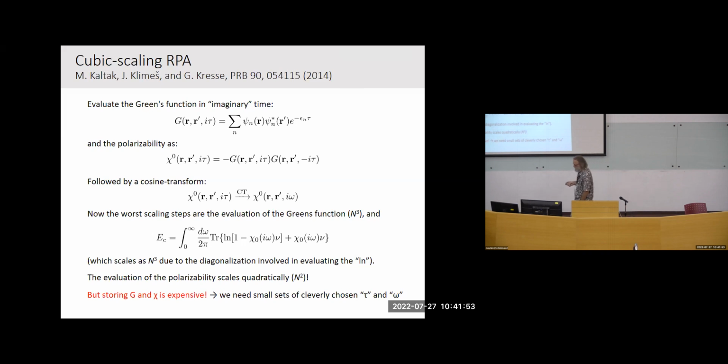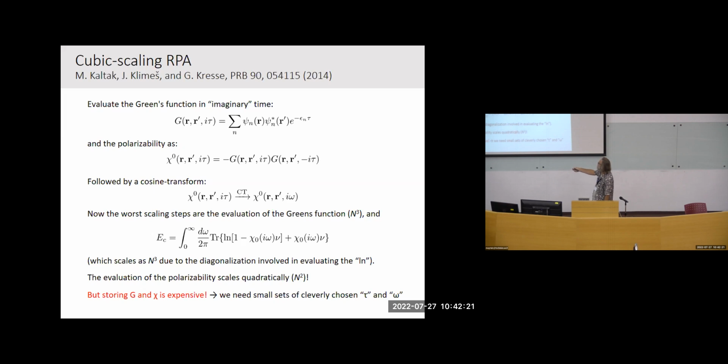So as I said, the storage of the Green's function is expensive, and it scales cubically in system size. And we need to do that for a set of times tau, or a corresponding set of frequencies omega.